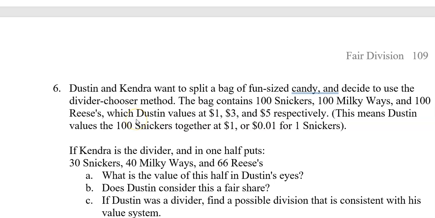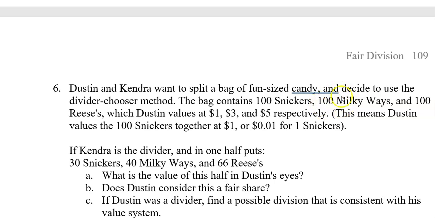So let's look at this problem. Dustin and Kendra want to split a bag of fun-sized candy and decide to use the divider-chooser method. The bag contains 100 Snickers, 100 Milky Ways, and 100 Reese's, which Dustin values at $1, $3, and $5 respectively. And this means that Dustin values the 100 Snickers at $1, or a cent for one Snicker.